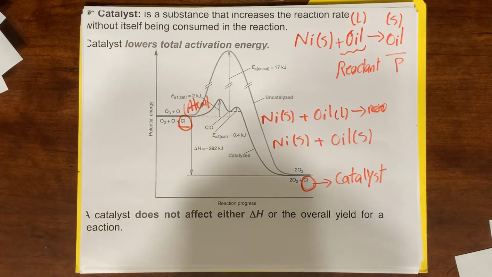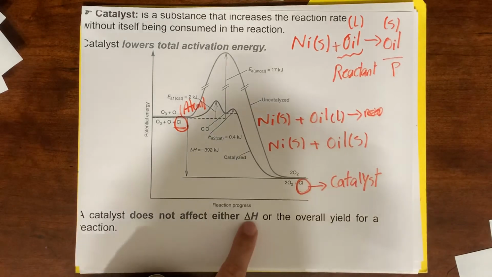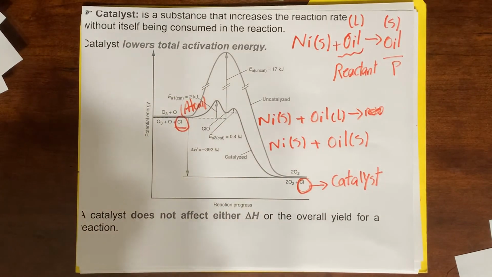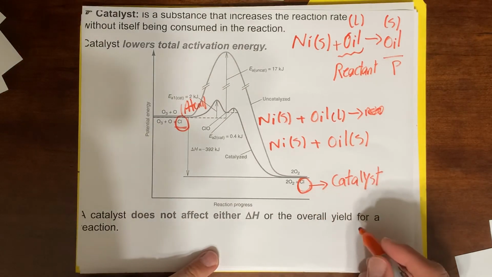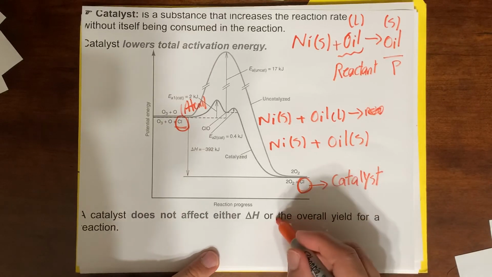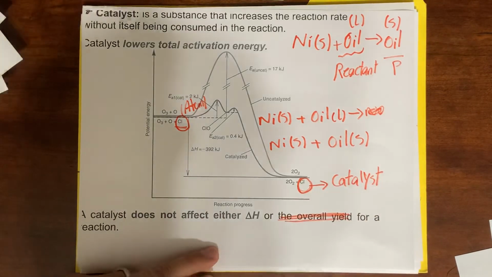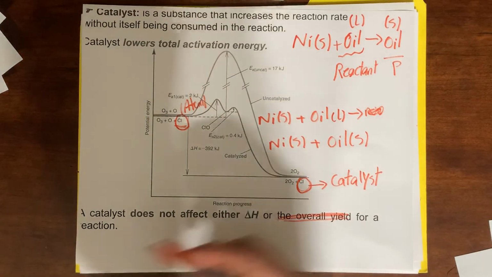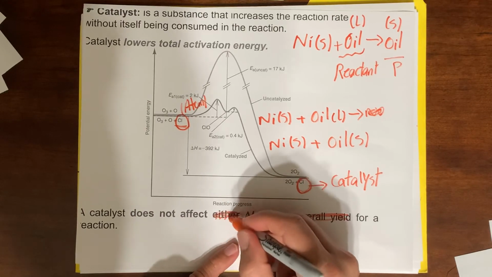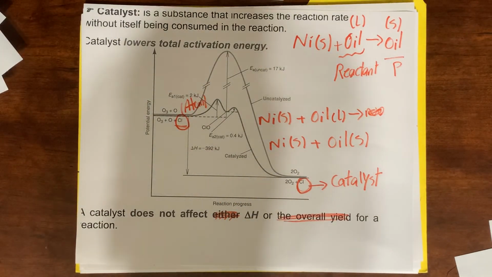Okay, so a catalyst does not affect either the delta H. Okay, this is not correct, sorry. It's not going to affect it. Catalyst does not affect delta H of a reaction.